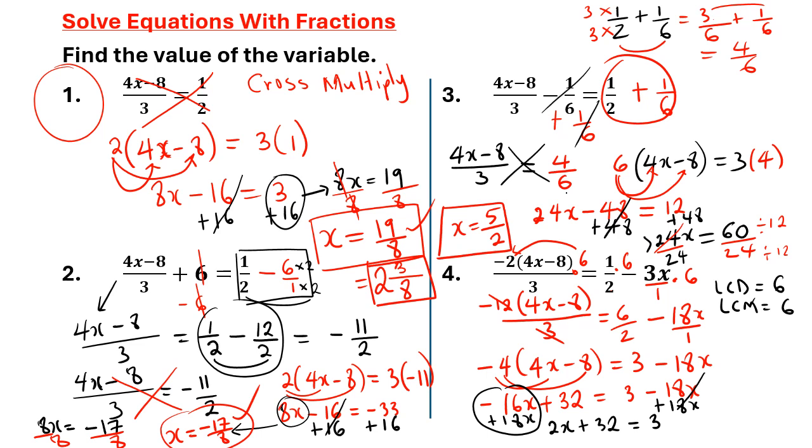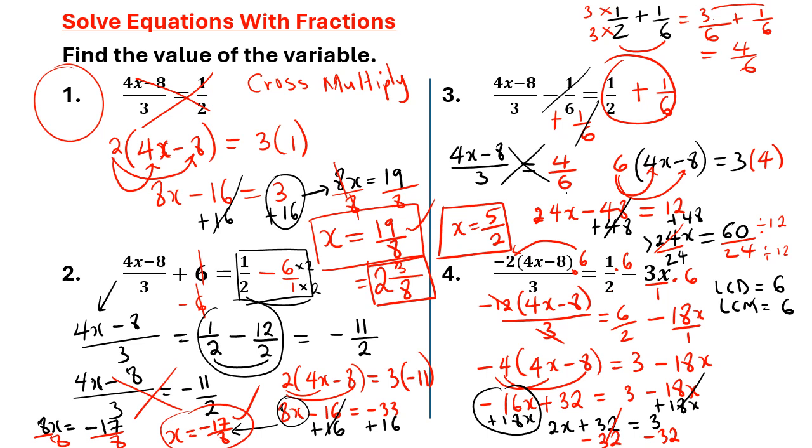Good. So I am going to subtract 32 from both sides. When I do this, I will cross out 32 and 32. Positive 32 and negative 32 is 0. So that's why I'm crossing that out.